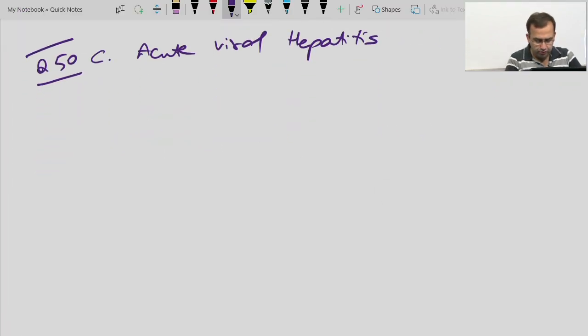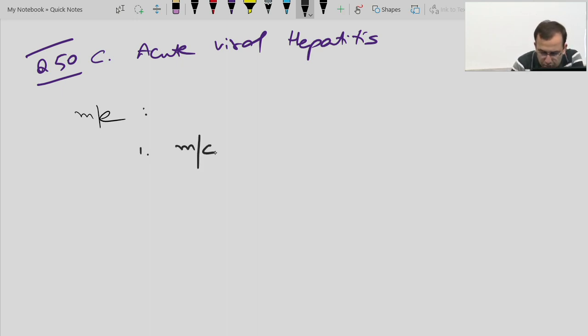So before we go further, let us see the microscopic features of acute hepatitis. Microscopically, acute hepatitis is associated with, first point, the most common change is ballooning degeneration.